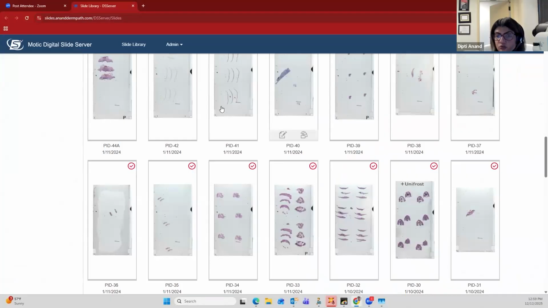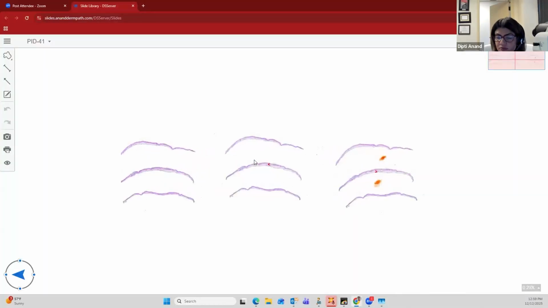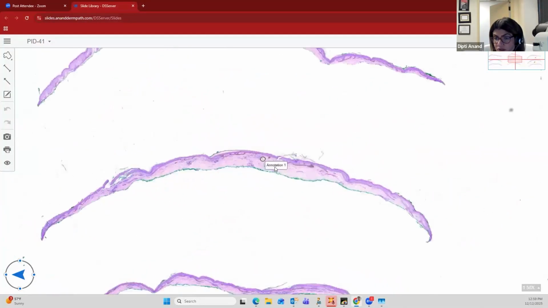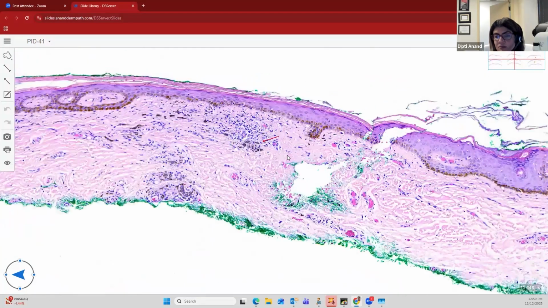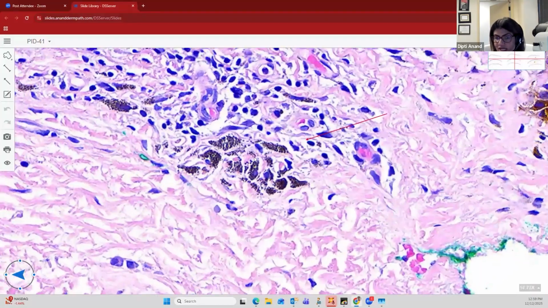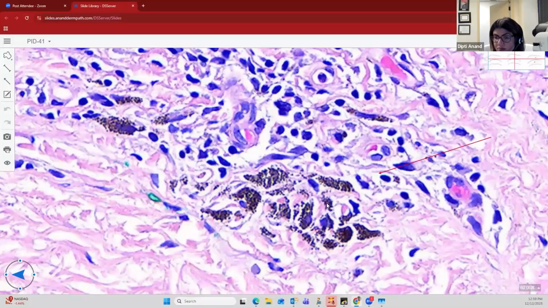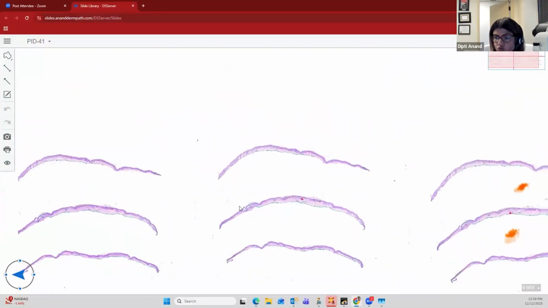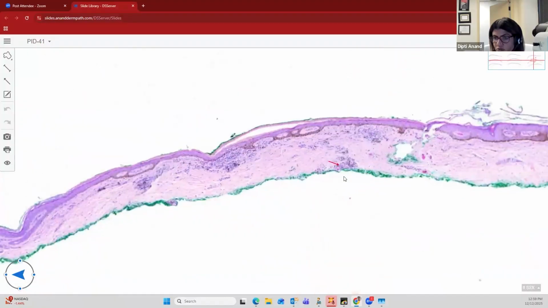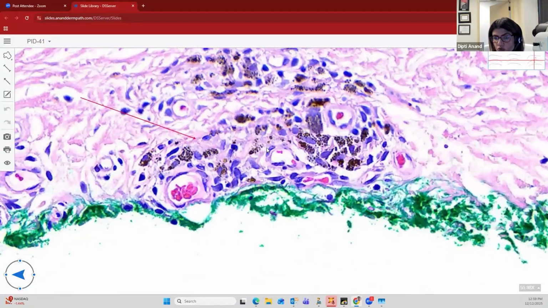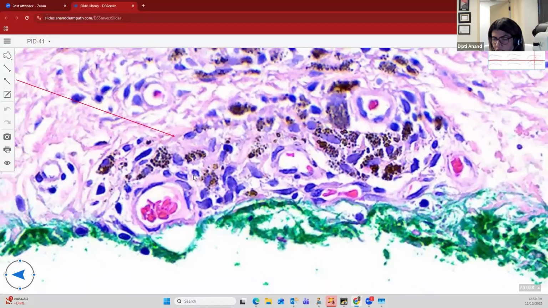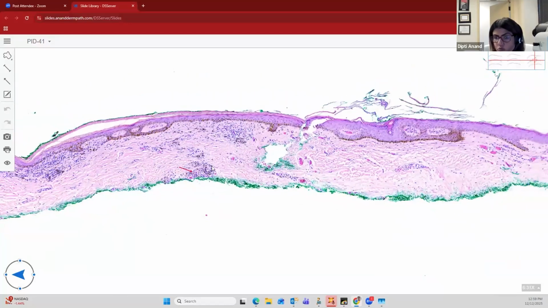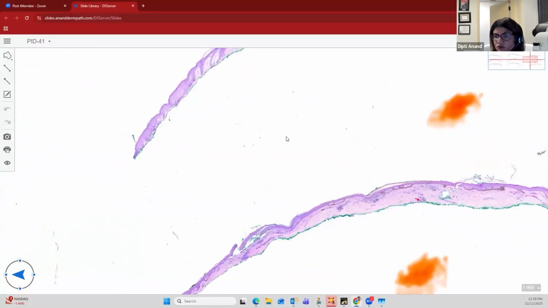So type 1 minocycline is one pigment, hemosiderin, most often in the background of a scar. This is in contrast to type 2 minocycline pigmentation, which is deposition of two types of pigment. You have melanin pigment, which stains with Fontana-Masson, so you can see it is much darker black. And the other pigment is hemosiderin, which is lighter, more golden brown. So both Perls' iron and Fontana-Masson will be positive.